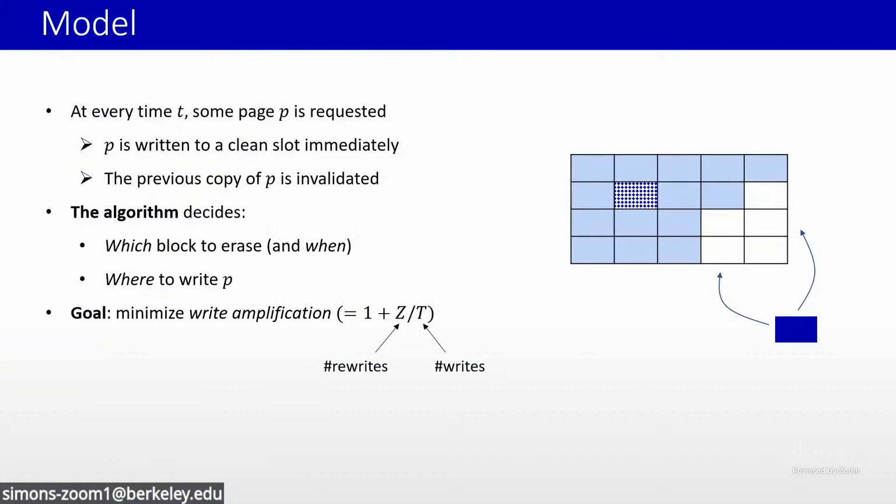Think of this as similar to competitive analysis, except in competitive analysis we would look at the ratio between the number of rewrites that an online algorithm does compared to an optimal offline one. However, this is not what we're doing. The competitive analysis would be more complicated in this context, and write amplification is very common in this setting of SSDs.